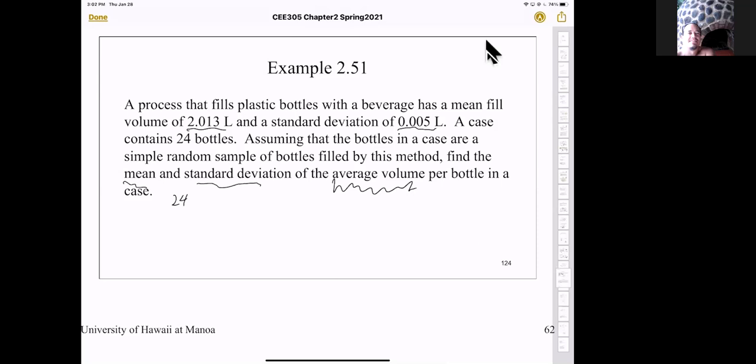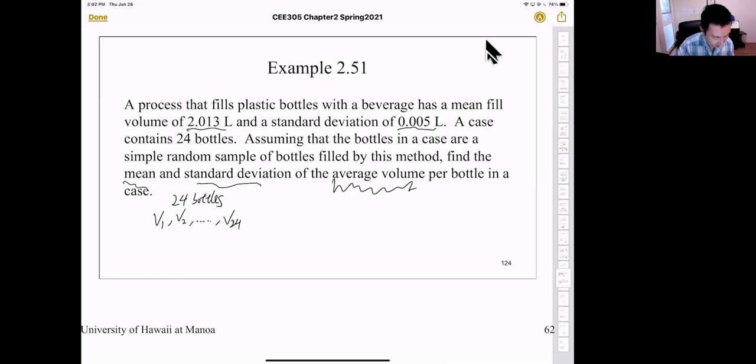So we have 24 bottles. Let's define V1 as the volume of the first bottle, V2 as the volume of the second bottle, and so on. We have 24 of them.